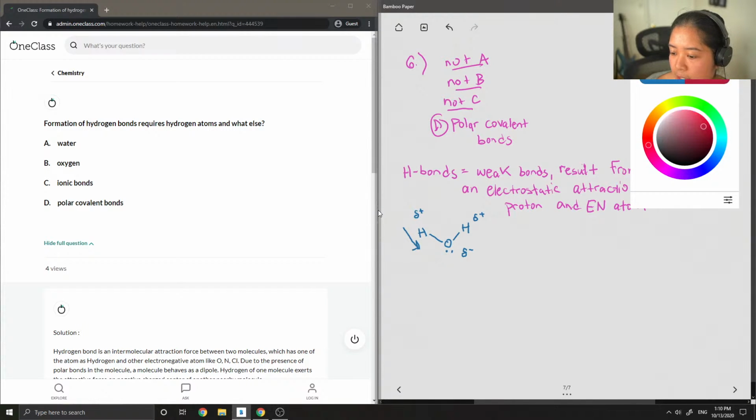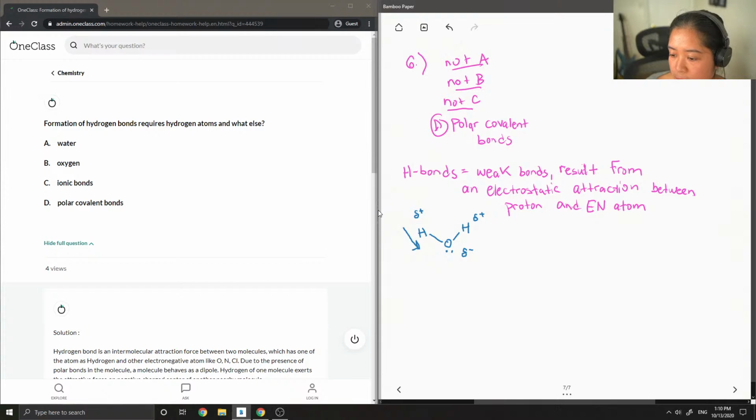And basically with hydrogen bonding, this is what happens when that slightly negative oxygen has an attraction to another water molecule that is slightly positive. So basically this attraction right here is what hydrogen bonding is.